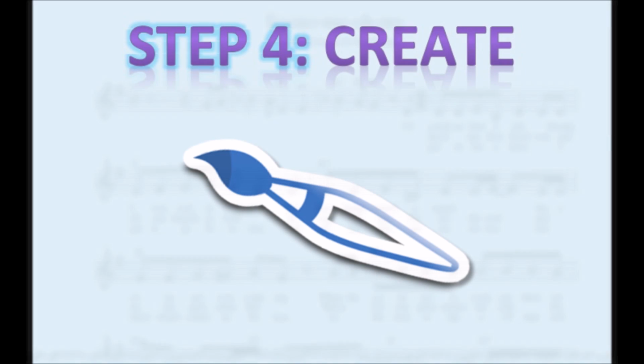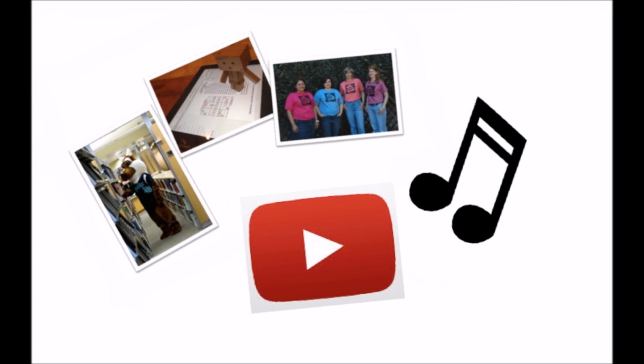Step 4. Create. Generally speaking, the create part of the process is where you bring in all of your media, order and reorder the images, and sync the visuals with your audio. Determining the specific tool to accomplish this will take some thought about your own technology comfort level and your preferences for finding media versus creating your own.